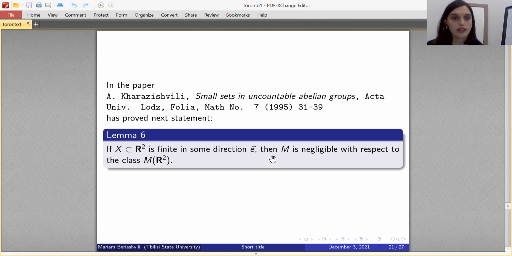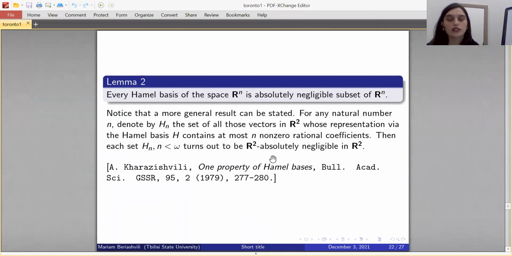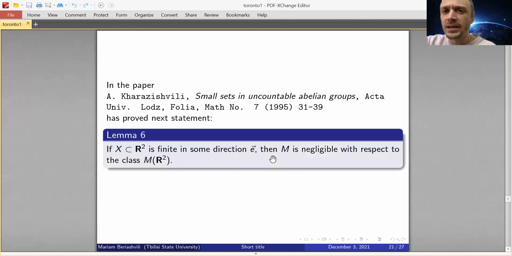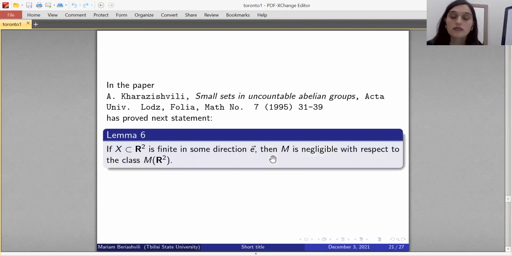Okay, now we had the previous lemma when we started. What does it mean to be finite? It means that the cardinality of the intersection of X with L, a straight line in direction A, is less than omega.